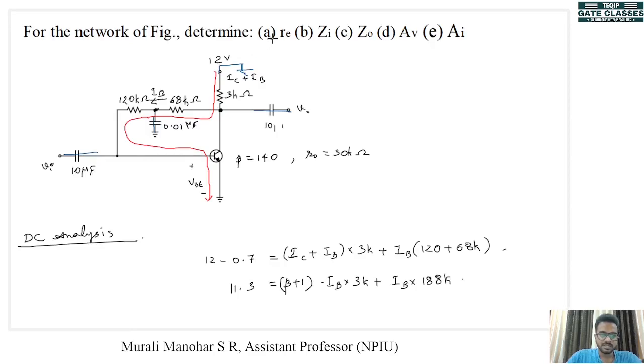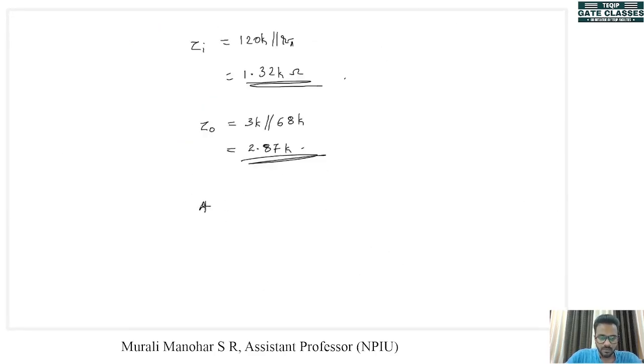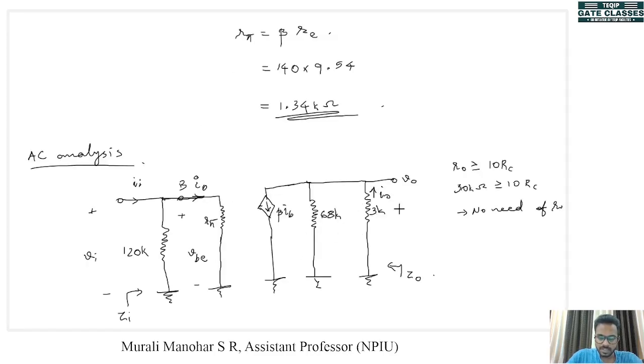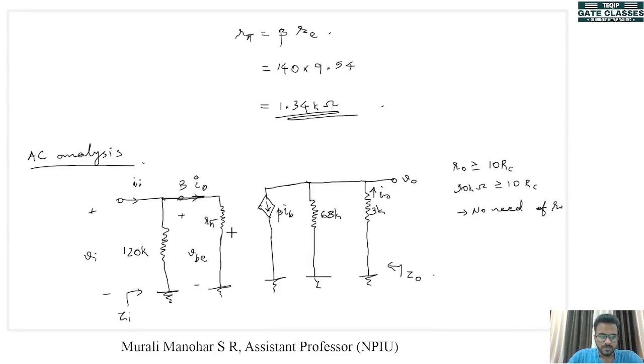Next parameter is AV. So AV is equal to V out divided by V in. Now V out can be written as minus I out into this resistance, which is 3K, right? If you look at the circuit, we can see that a current flows here, which is minus V out divided by 68K.